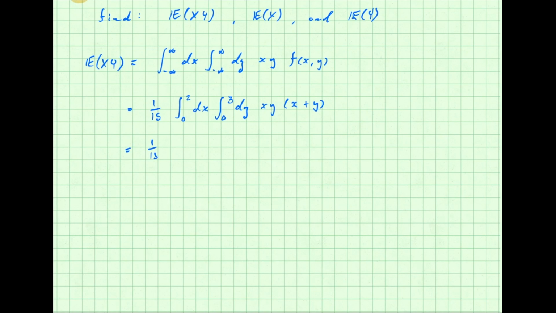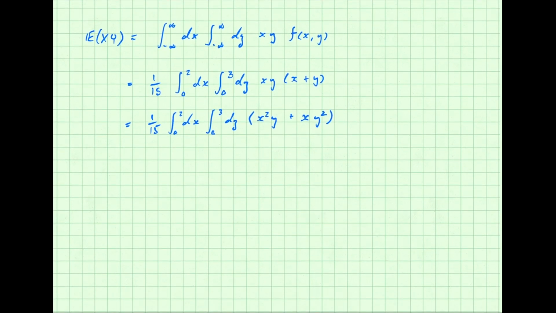So 1/15, leave the x integral alone for now, and let's make the integrand look a little simpler by distributing the x times y. I've got x squared times y plus x times y squared.